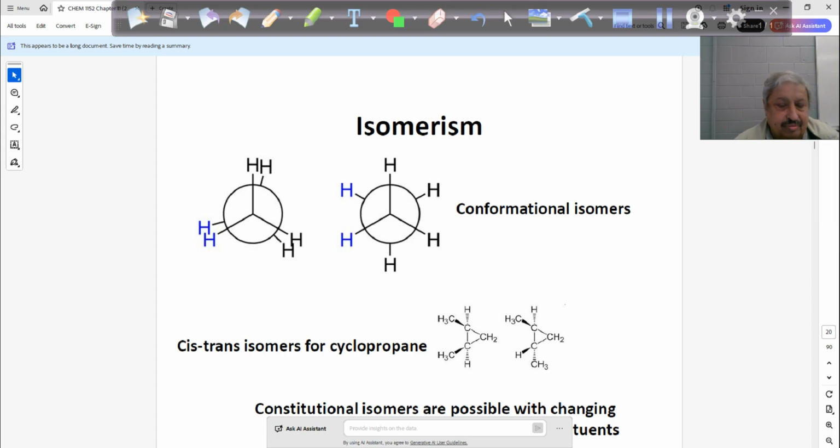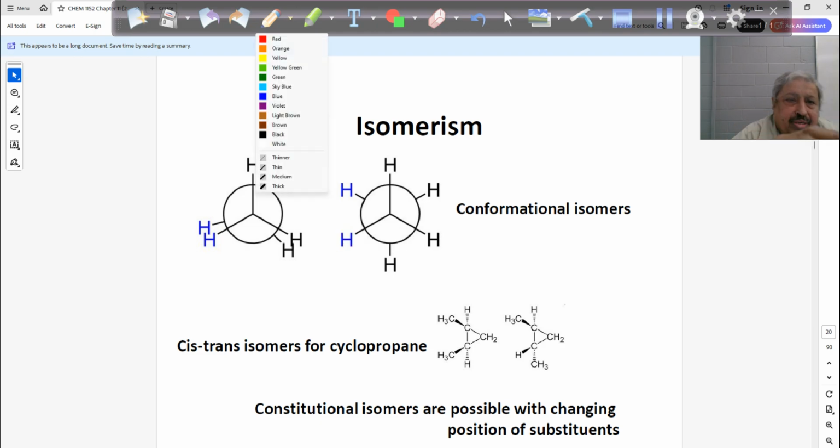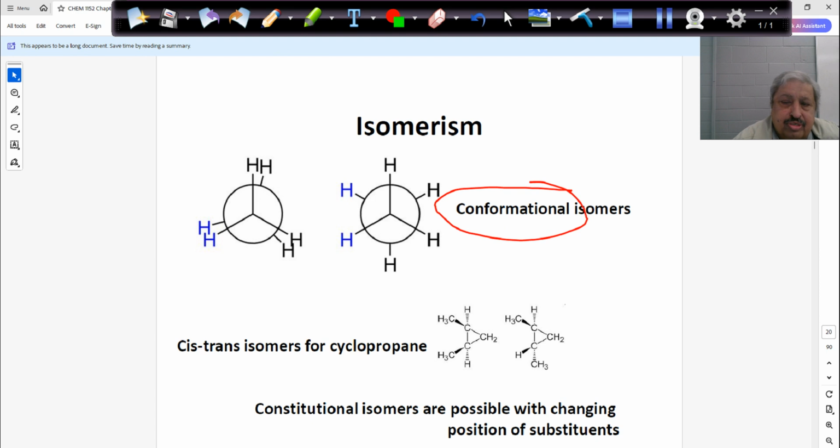That's a free radical. So as you can see, the isomers back here, we have two types. I mean, there are other types too, but these are conformational isomers. Those isomers have the ability to move around.